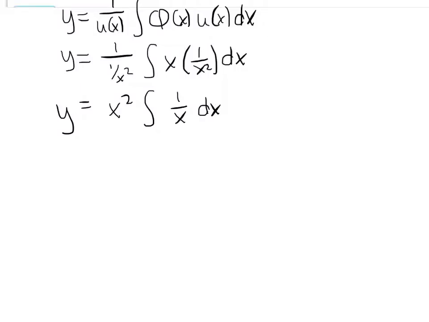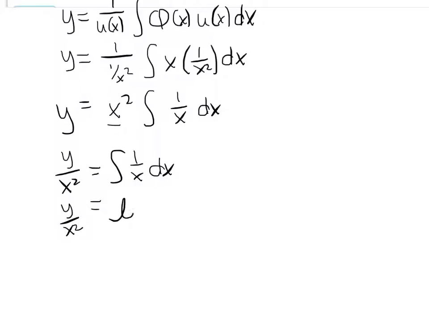And for simplification purposes, right now let's take this x squared and put it over on the other side so that we have just an integral on one side and everything else on the other. So I'm left with y divided by x squared equals the integral of 1 over x dx. When I integrate this, y divided by x squared is equal to the natural log of x plus c.